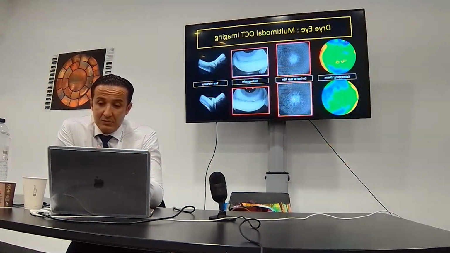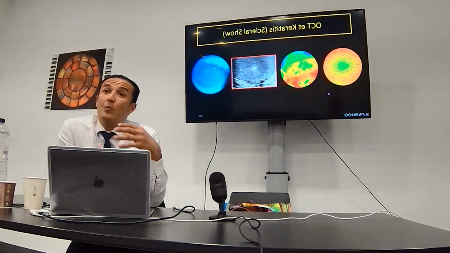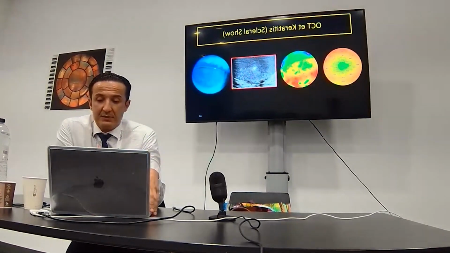And look, in this case, we observe an important instability of the lipid component. This instability is more pronounced on the left side, and we also observe a more pronounced thinning of the epithelium on the left side. That's why we can talk about the multimodality approach also for the anterior segment.